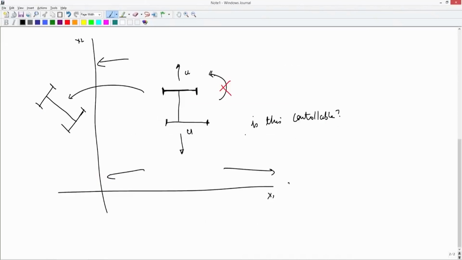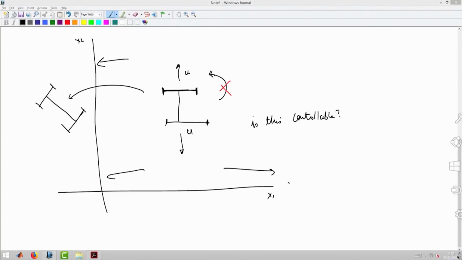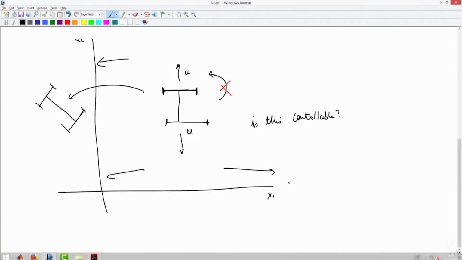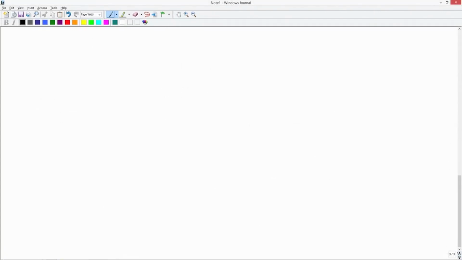So, if I again were to draw a graph of this, let us say I am moving again in R2, say x1 and x2, and say I am starting for simplicity from the origin, right. So, I have a system in R2 again of the form x dot is Ax plus Bu.